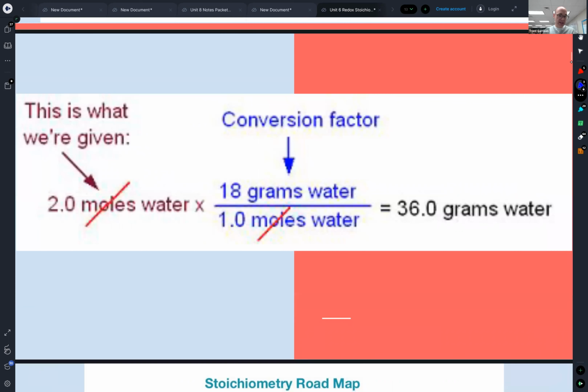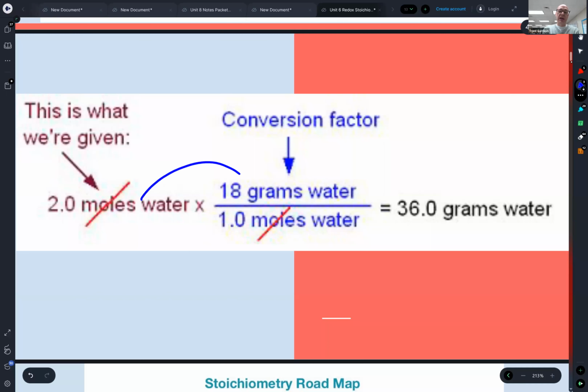Now, the dimensional analysis side of this is that to cancel out a unit, you need to make certain that the top value as well as the bottom value are the same. That's how we always make sure the correct unit is on top. You multiply the values on top, you divide by the values on the bottom.